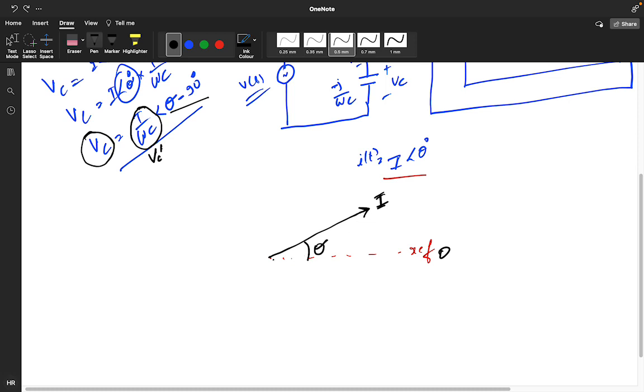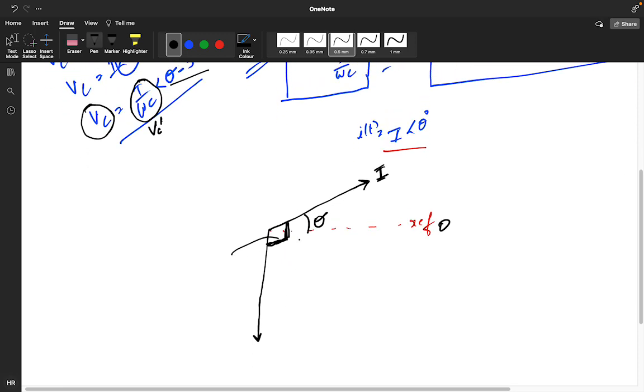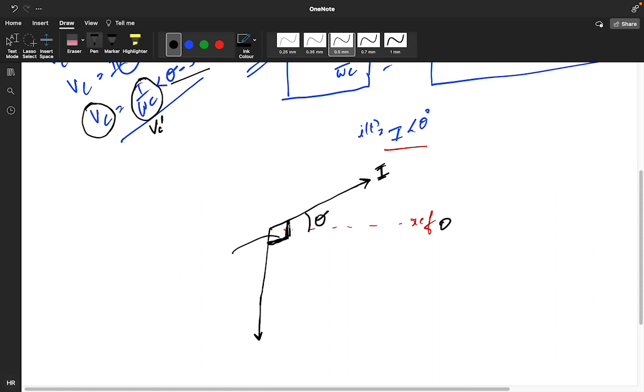Suppose this particular angle is 90 degree, we are subtracting 90 degree now from theta.